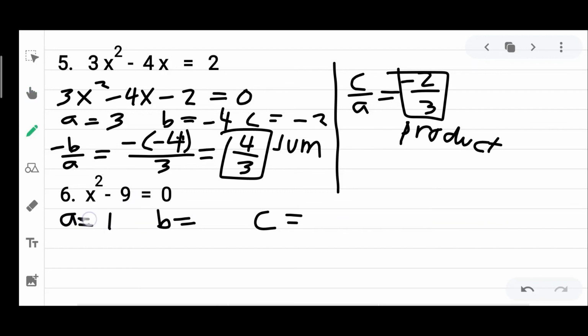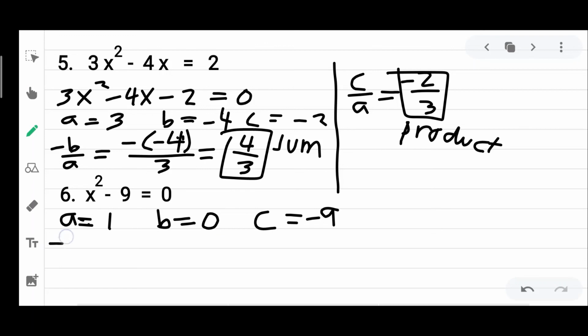So 1. Yung value ng b natin is 0 kasi walang x. Diba? Walang x term dito. So 0. And then yung value naman ng c natin is yung constant term o yung number lang. So negative 9.